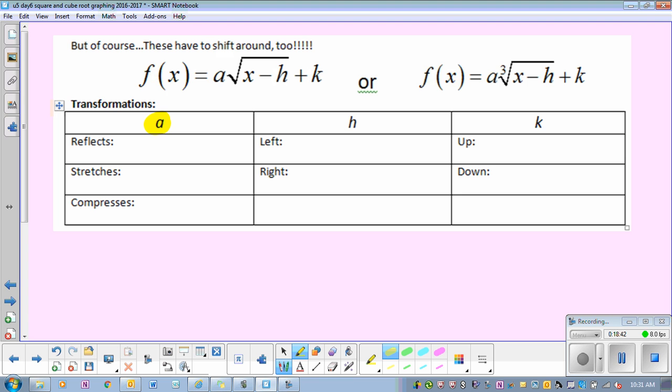So let's start with our A's. A is a number, or A is a thing in the front, right? If I want to show that it reflects or it flips, what would my A have to be? Negative. Yeah, it reflects or it flips if there's a negative in the front.